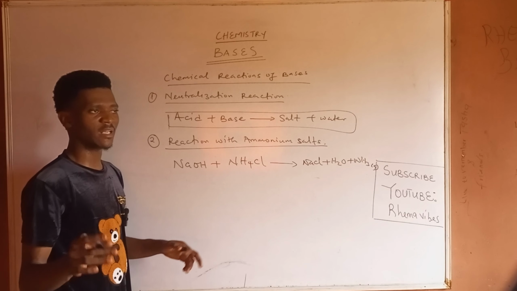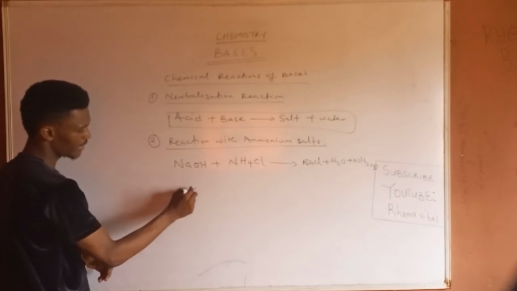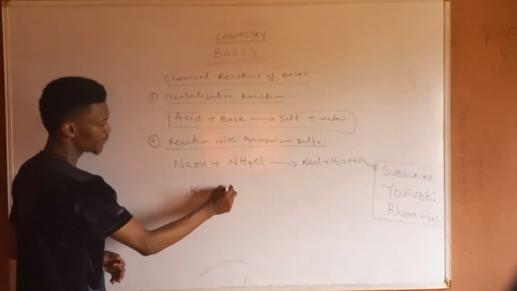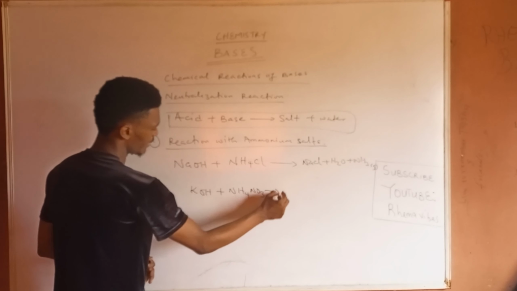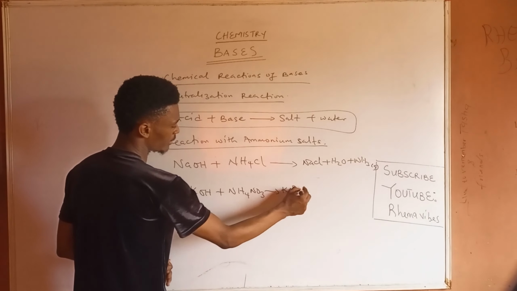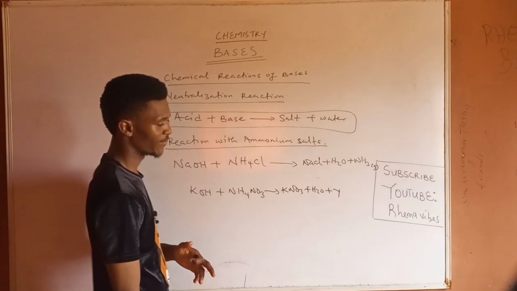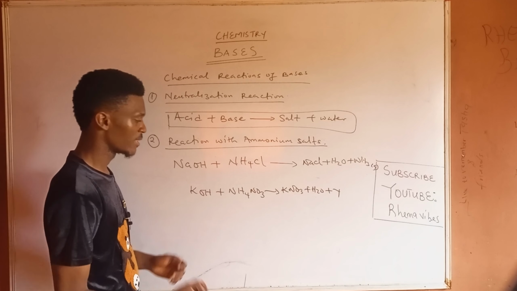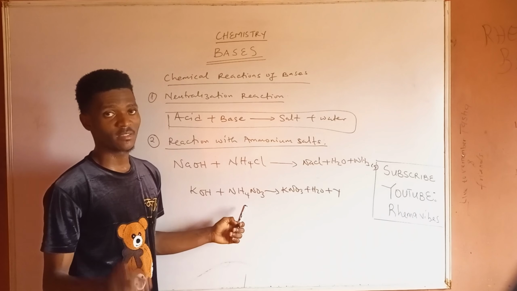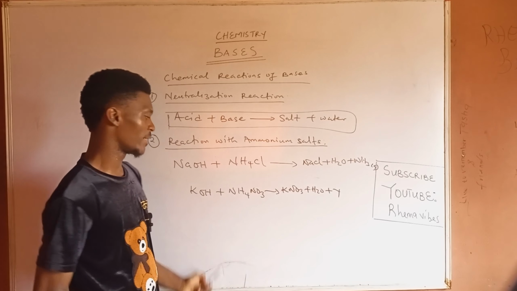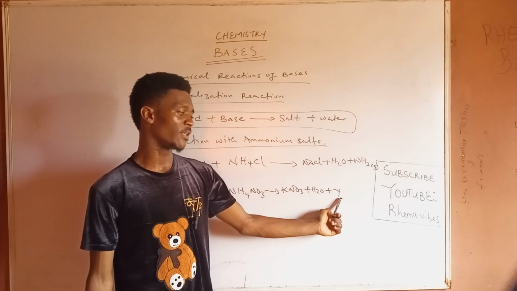All right. A question has been asked before in JAM, and they brought something like this: KOH plus NH4NO3, then it brought KNO3 plus H2O plus Y, and they were asking what is Y. It's obvious that this is a base and this is ammonium nitrate being an ammonium salt, and whenever bases react with ammonium salts, they tend to liberate ammonia gas.